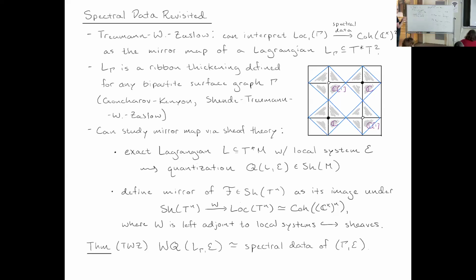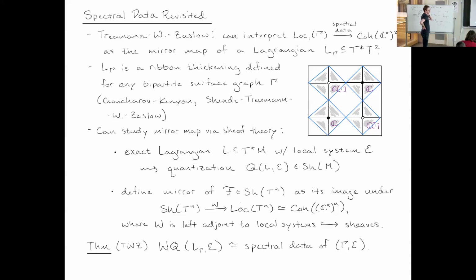And now, if I have a constructible sheaf on T^n, there's a good notion of the mirror coherent sheaf. Point one is that coherent sheaves on (C*)^n are tautologically the same things as local systems on T^n, because a local system is the same as a representation of the fundamental group, hence of the group ring of the fundamental group.